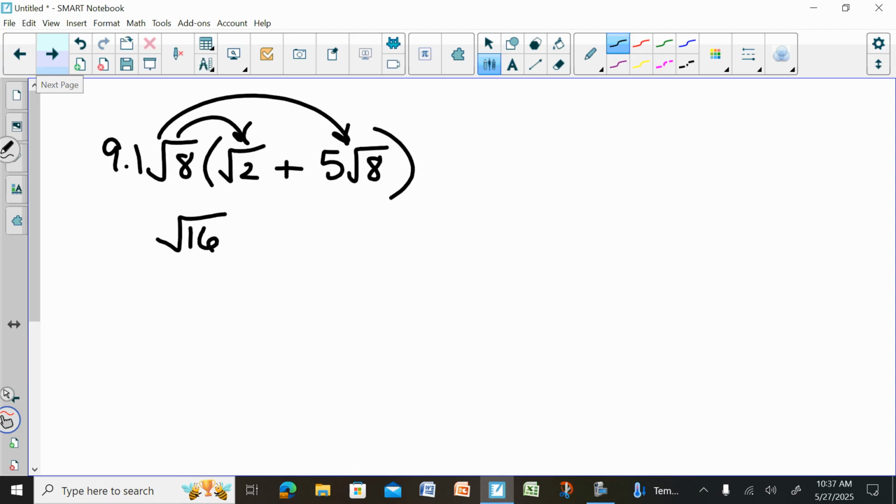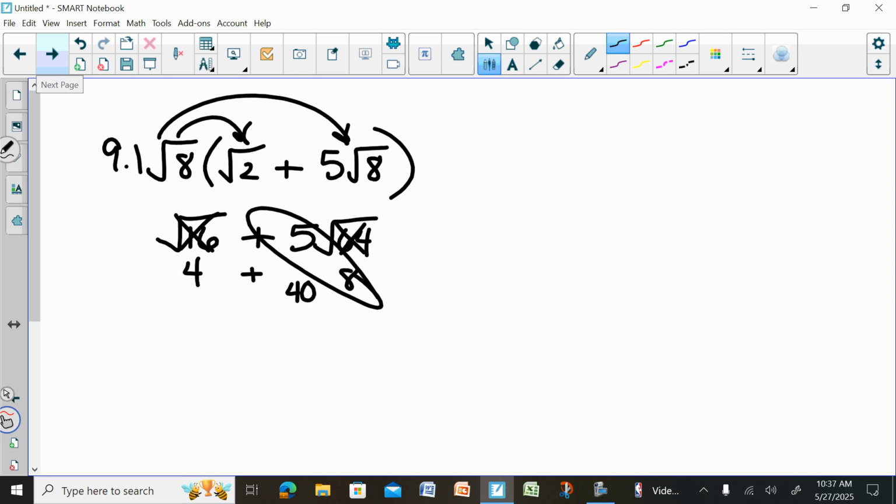If it helps, put it there. 1 times 5 is 5, and then root 8 is root 64. Write it down, let your brain see it. We know, though, that the root 64 is going to turn into 8, and the 8 and 5 make 40. And this root 16 becomes a 4. And so, I wasn't anticipating this, but this crazy mess of multiplying all those radicals turns into 44. It just turns into a nice whole number, 44.